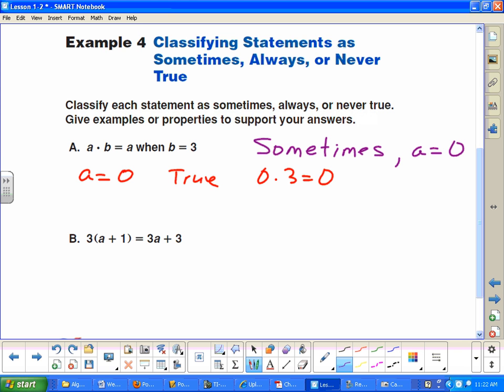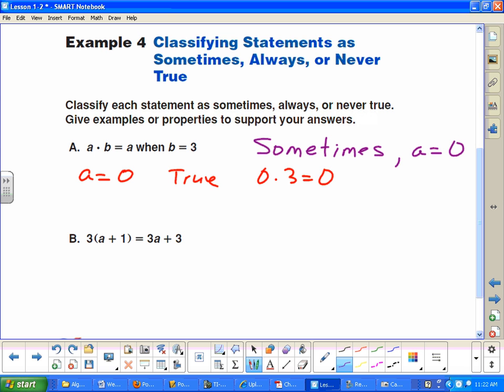So if it doesn't meet one of the properties, try a couple numbers to see if it's true sometimes, like 0 or 1. Those would be two numbers that are easy to check.